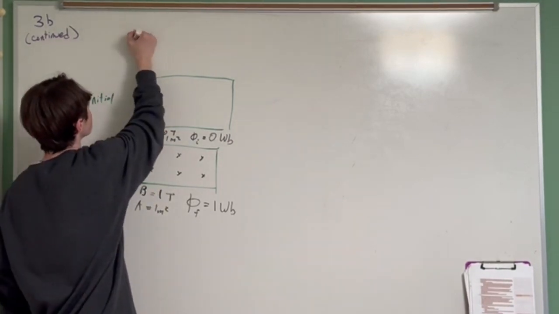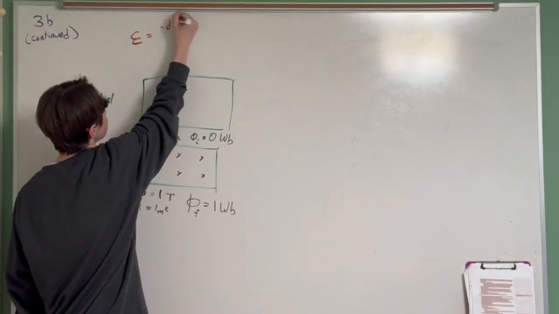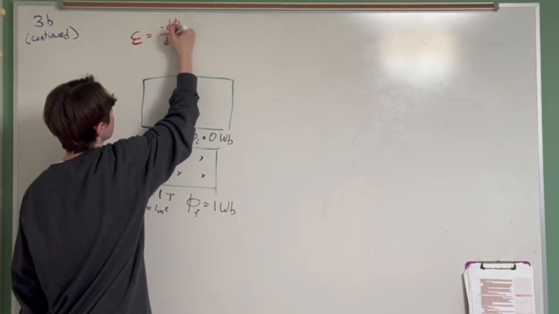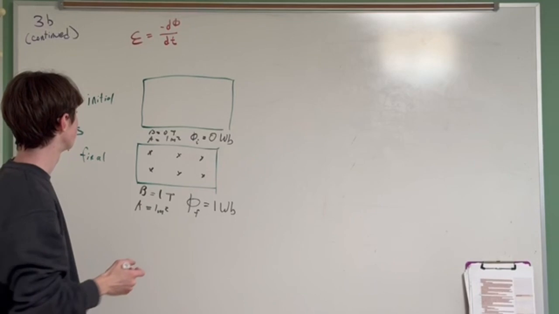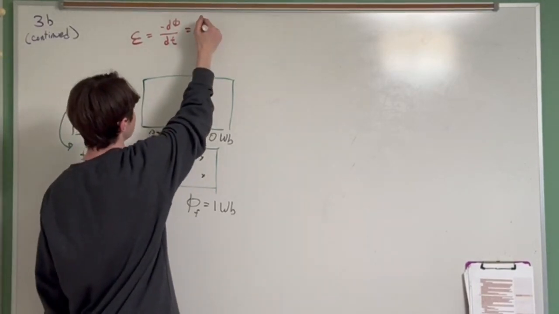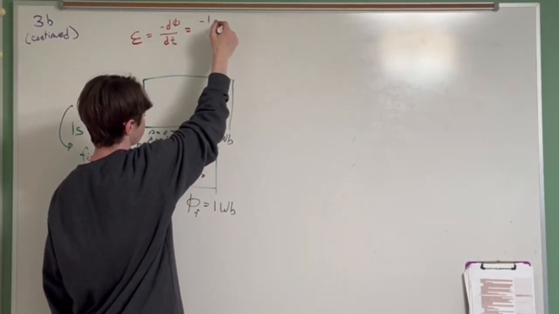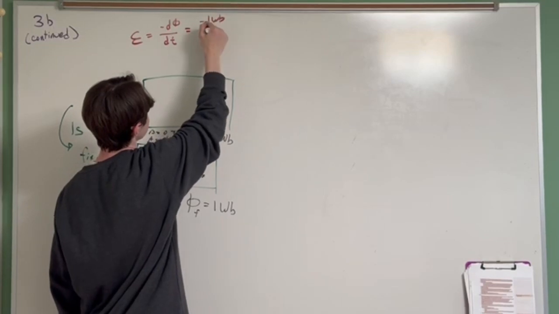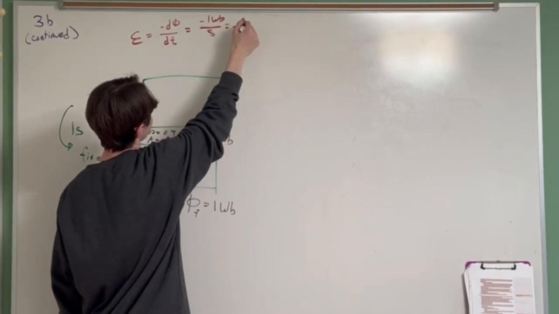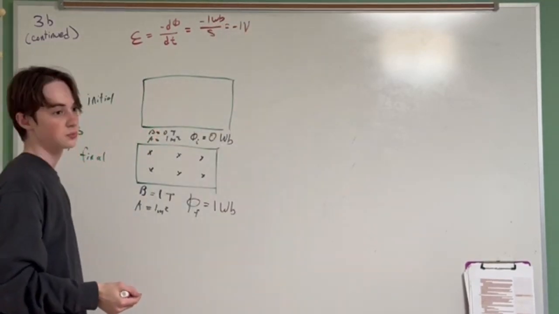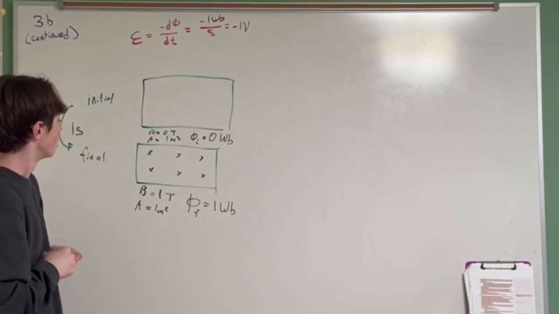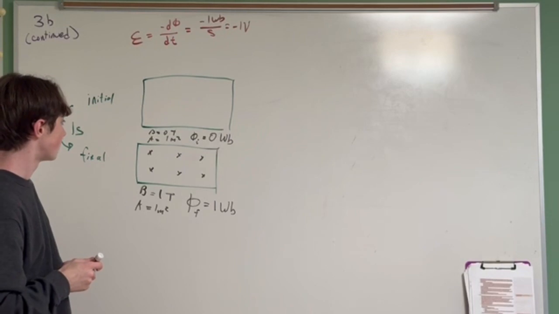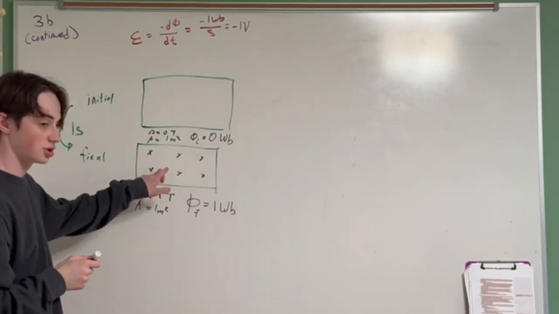We have EMF equal to negative d flux dt, and we drop the n because we have 1 wire loop. In this scenario, that would be negative 1 Weber per second, which is equal to negative 1 volt. So we'd have negative 1 volt of EMF induced by this change in magnetic field.